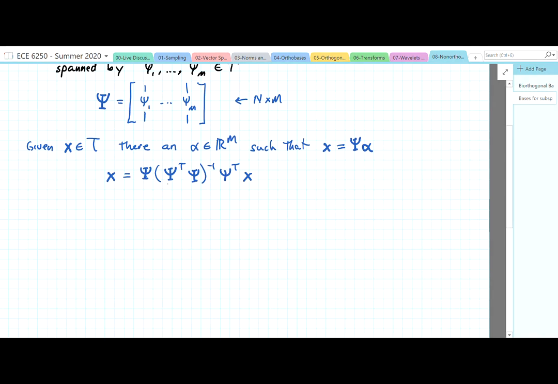Okay, so this matrix here is invertible because of the linearly independent columns.